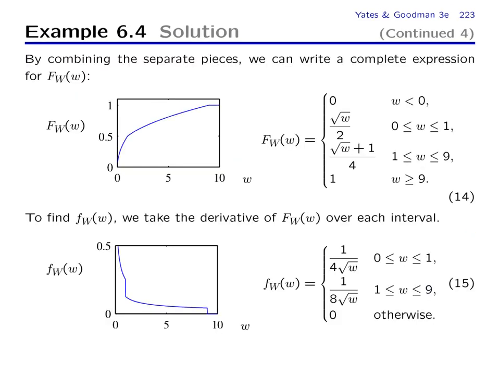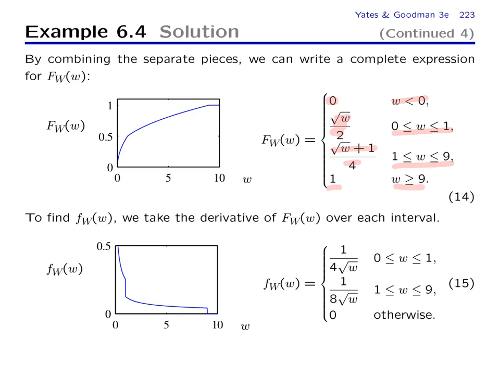Putting all these pieces together, we now have something a little bit complicated. As before, the CDF is 0 for W less than 0. It's root W over 2 for W between 0 and 1. It's root W plus 1 over 4 for W between 1 and 9. And finally, for W greater than or equal to 9, it's equal to 1.